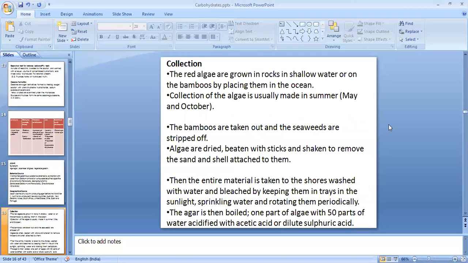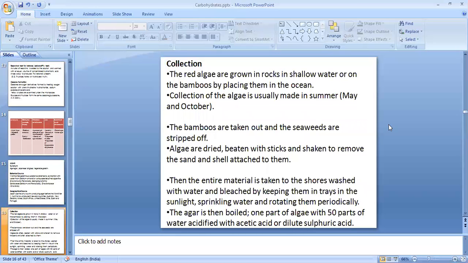When you see the collection and production of agar, this red algae is grown on rocks in shallow water as well as in the oceans. In the oceans, the red algae is allowed to grow on bamboo sticks which are spread on the surface of the ocean.